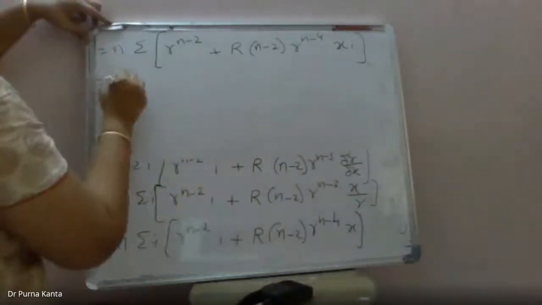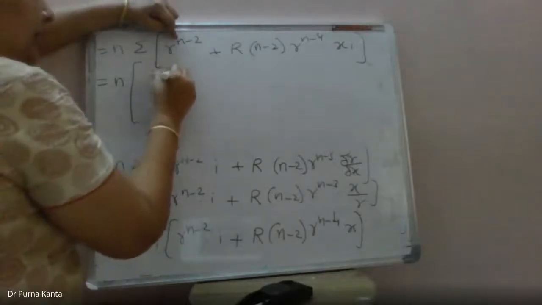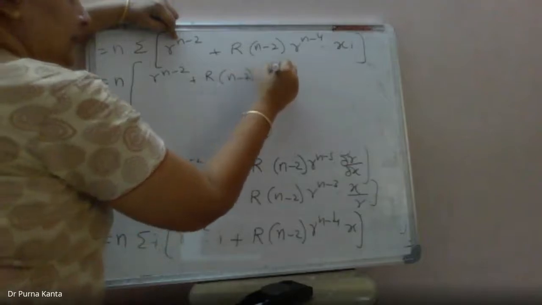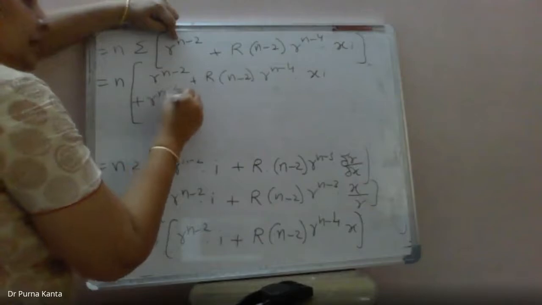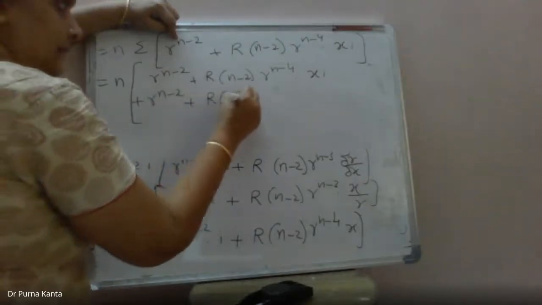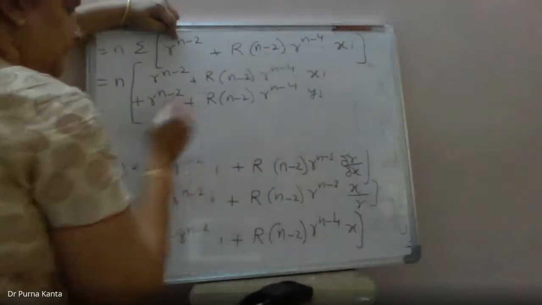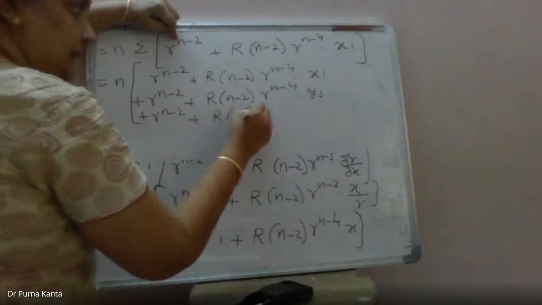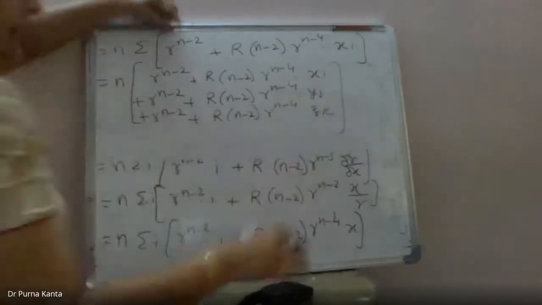So this is n times: the first value is r power n minus 2 plus r n minus 2 r power n minus 4 xi, plus r power n minus 2 plus r n minus 2 r power n minus 4 yj, plus r power n minus 2 plus r n minus 2 r power n minus 4 zk. So we add all three.